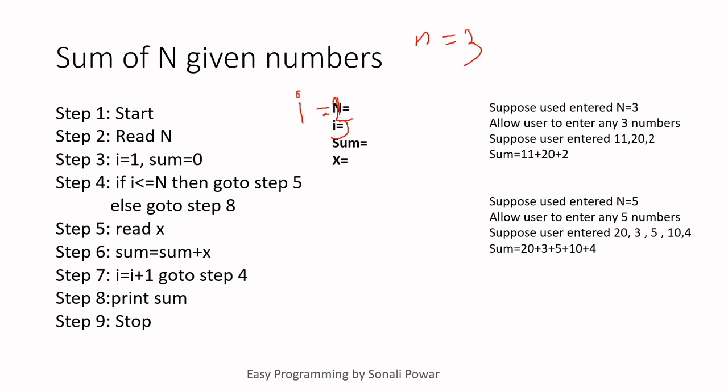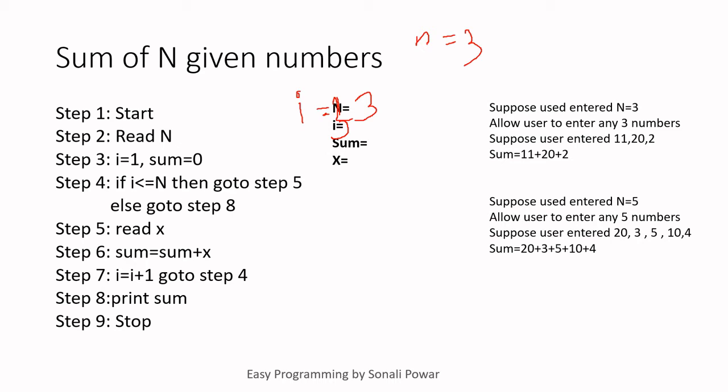So here I have taken 4 variables. First one is n, second is I, third is sum, and fourth one is x. Now the first step is start. In the second step I said read n. So suppose the user enters the value of n as 3, so n becomes 3.